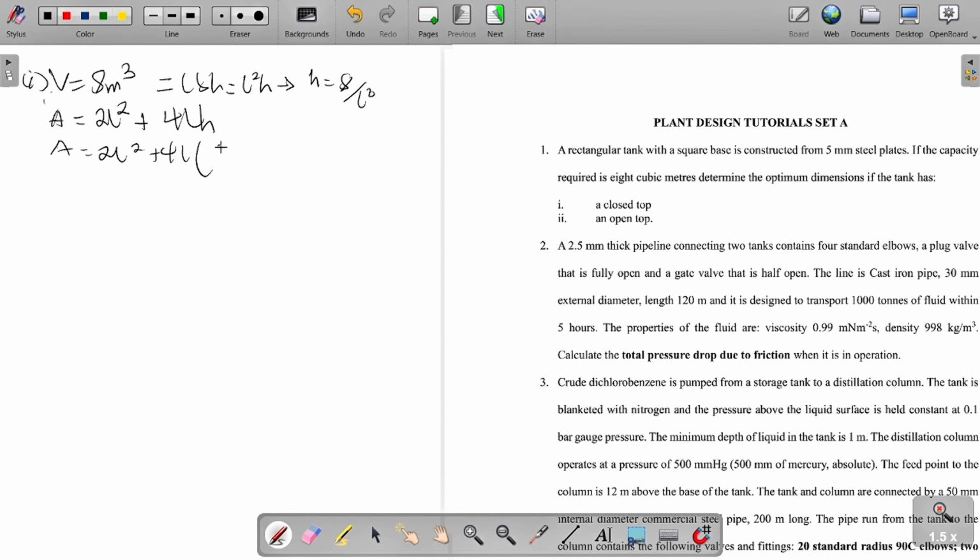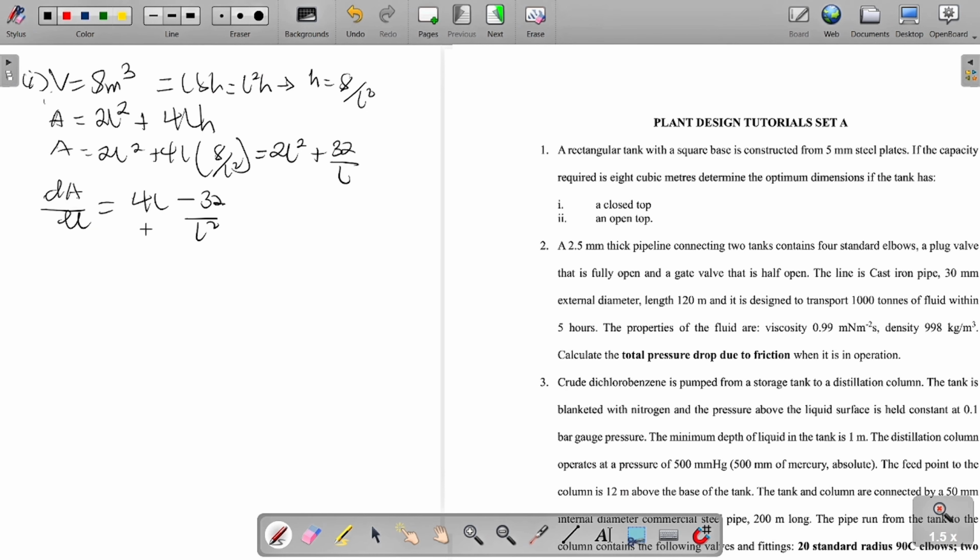So I have 4L times 8 divided by L squared, which gives 2L squared plus 32 over L, that's 8 times 4. Here I can differentiate. The derivative of the area with respect to L gives 4L minus 32 over L squared.